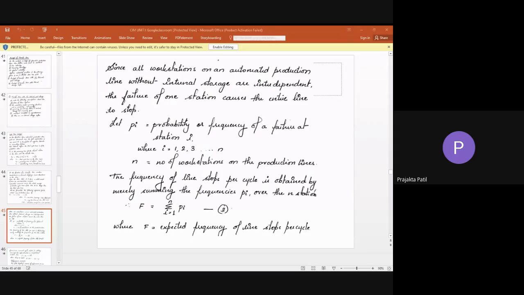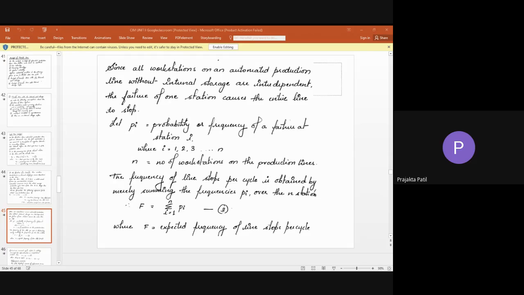We are talking about two approaches when it comes to analysis of automated transfer lines without a storage buffer. We again encounter these two situations, and these are the two approaches: the upper bound approach and the lower bound approach. That depends upon whether the part is removed from the workstation whenever there is a breakdown.